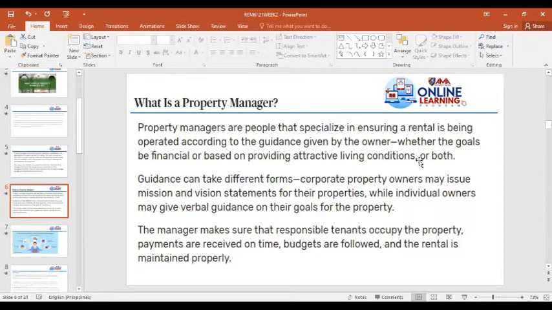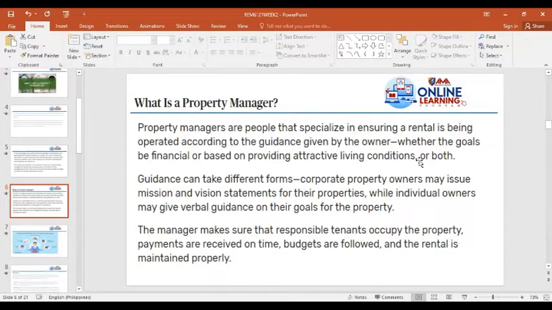So the manager makes sure that responsible tenants occupy the property, payments are received on time, budgets are followed, and the rental is maintained properly.